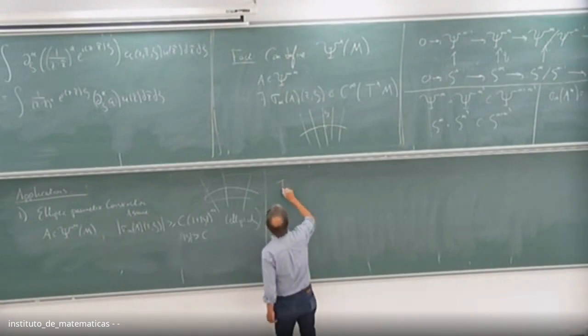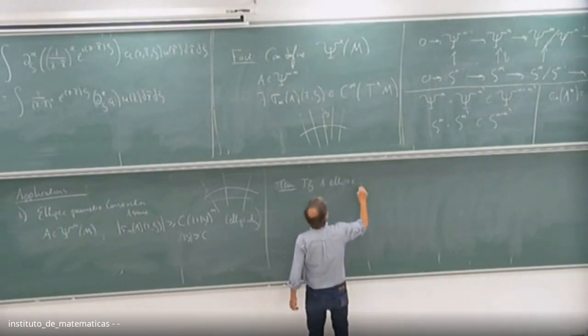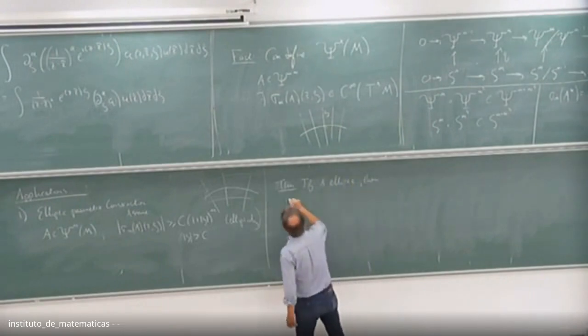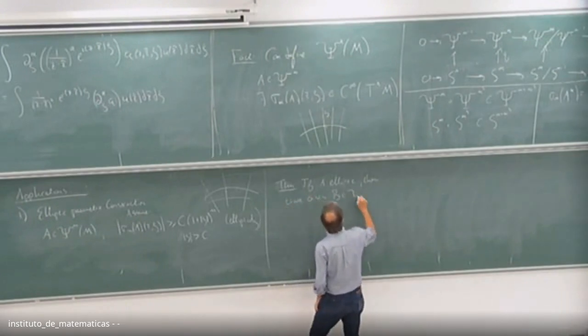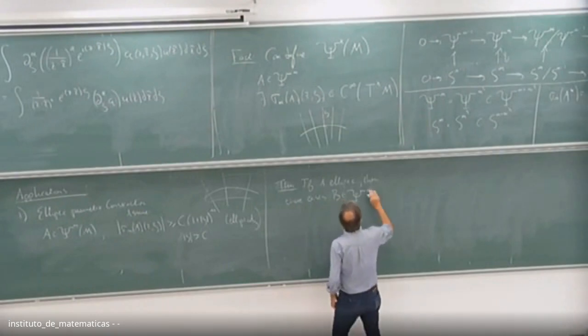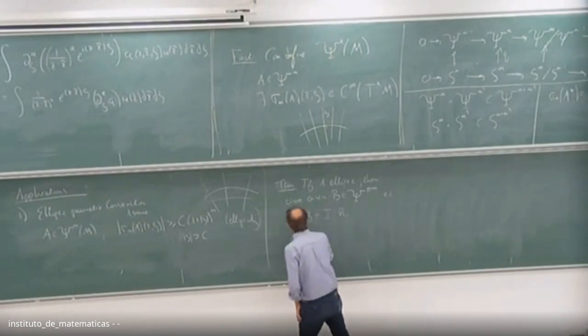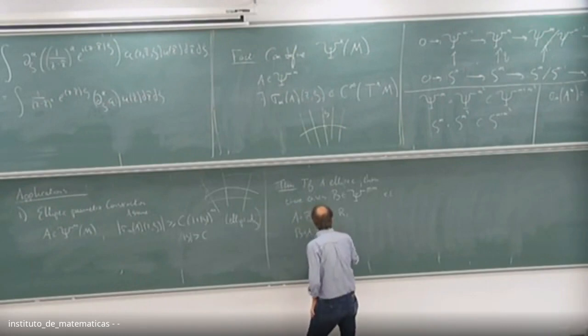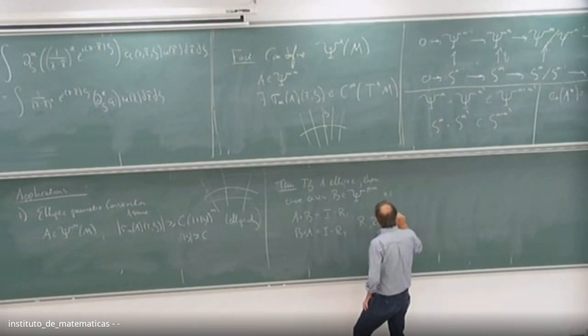So the claim, and this is a theorem, is that if A is elliptic, then there exists a pseudodifferential operator B of order minus m, such that A composed with B is equal to the identity minus R1, and B composed with A is the identity minus R2, and here R1 and R2 are pseudodifferential operators of order minus infinity.